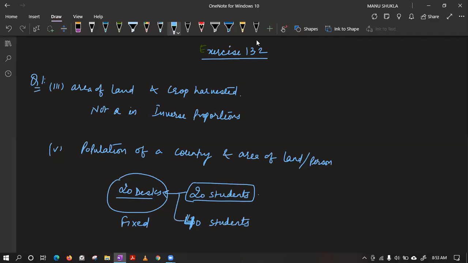Earlier there was one student per desk. Now there will be two students per desk. So now they are getting less area per student. So if you increase the population, the land per person will decrease. So this is an example of inverse proportion.